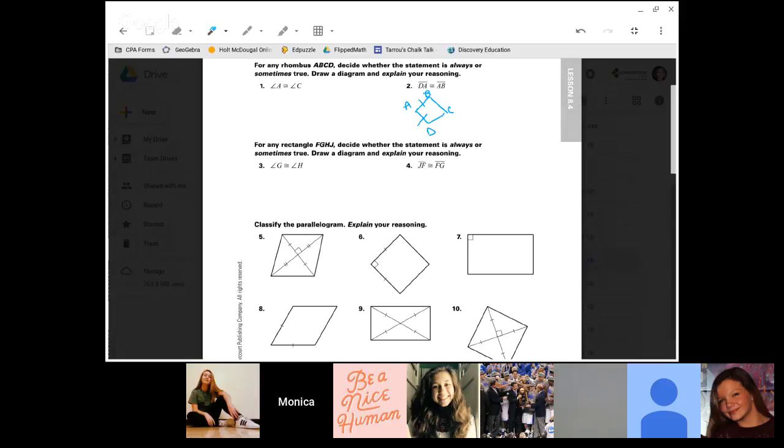Now, look at your family tree, or that flowchart thing we used in class yesterday, and look at the picture of a rhombus down there. What do we know about the sides of a rhombus? Okay, so since all 4 sides are congruent, will those 2 sides always be congruent to each other on a rhombus?